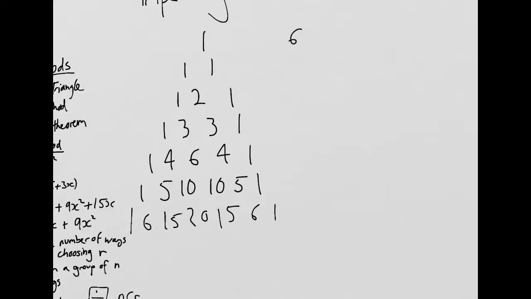So if we wanted 6 choose 3, we can look at the row relevant to 6, which is there, and we'll have 6 choose 0, 6 choose 1, 6 choose 2, 6 choose 3 will be equal to 20. So it's exactly the same method as before. Instead of 6 choose whatever, we are going to just look at the triangle, find out the row we want, and each of these is going to be our coefficient.